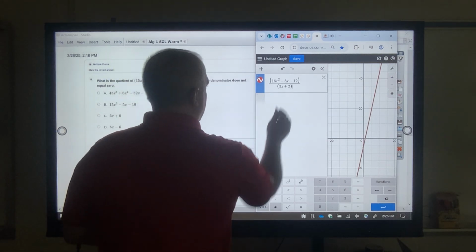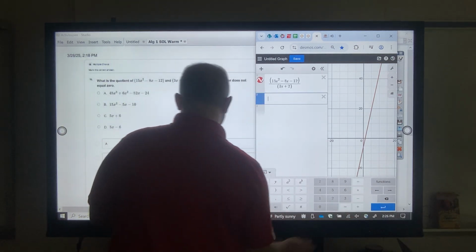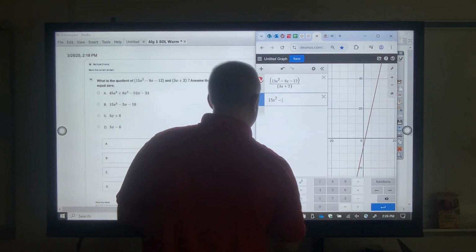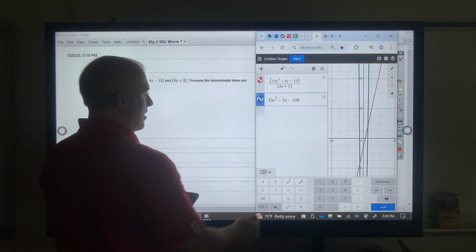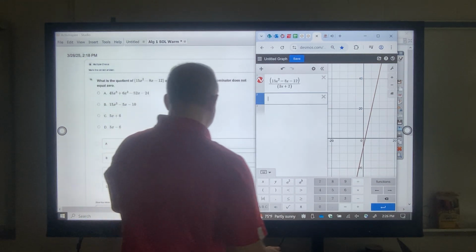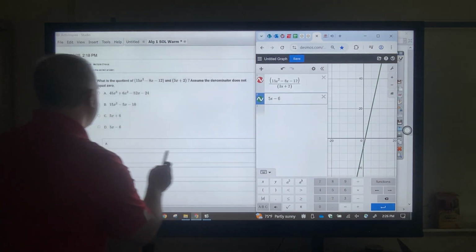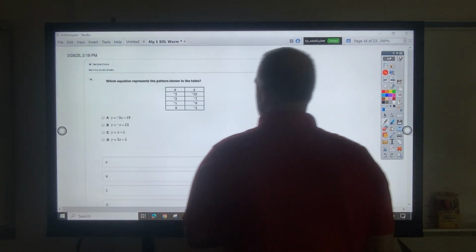Now, if I type some of these other examples in, like 15x squared minus 5x minus 11 minus 10, you see it doesn't match up. But if I type in this one, 5x minus 6, notice how it was red before and now it's green? Well, that means that it's equivalent. So if it changes colors, that means it's equivalent.